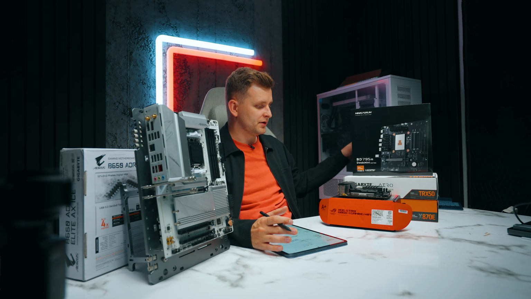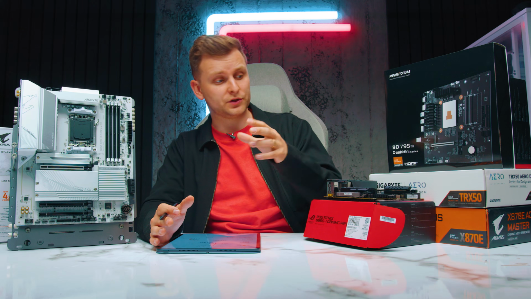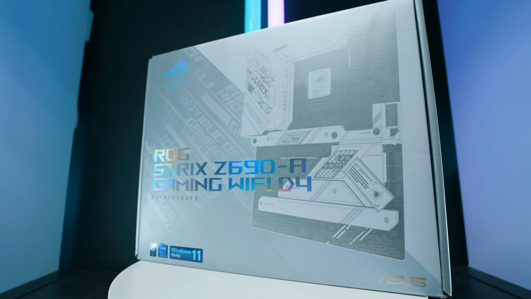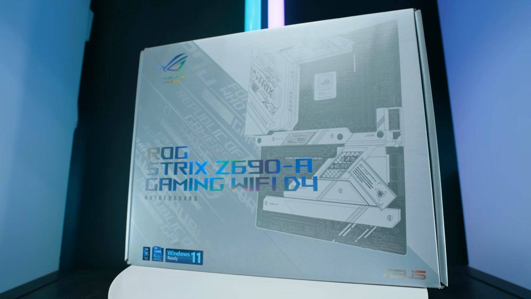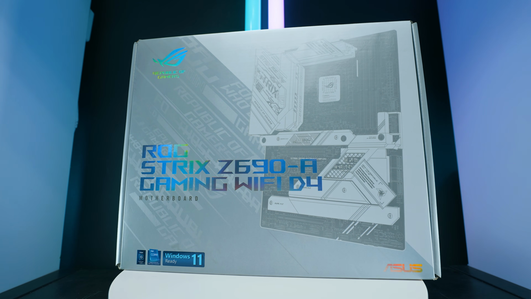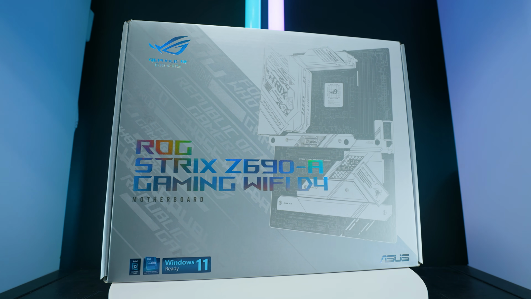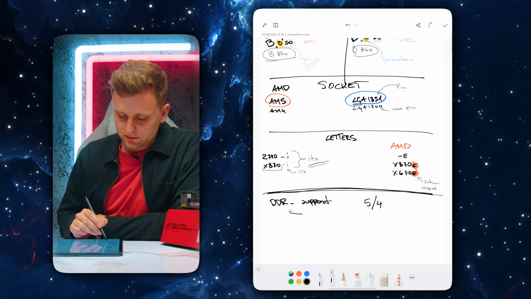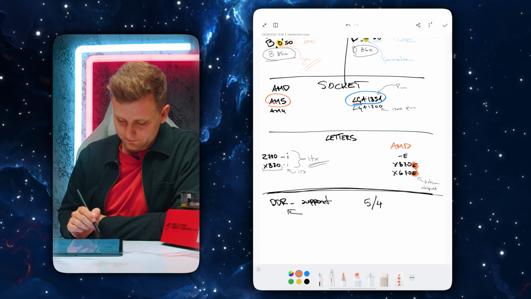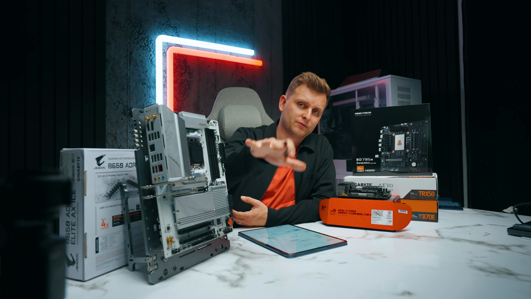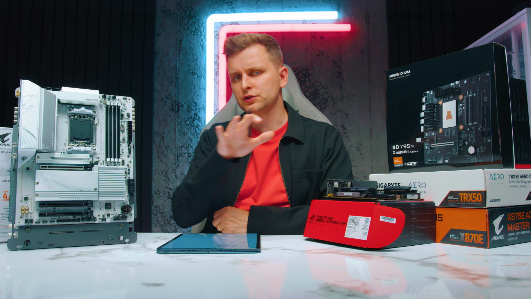Sometimes you have a motherboard that gives you an option to have either DDR4 or DDR5. So I have a Z690 Strix motherboard that is D4 on ASUS, and that D4 means DDR4. So make sure that if you're looking for your motherboard, that it is either DDR4 or DDR5, depending on what you want, and then go with that RAM. Very important. Now let's do a little recap.